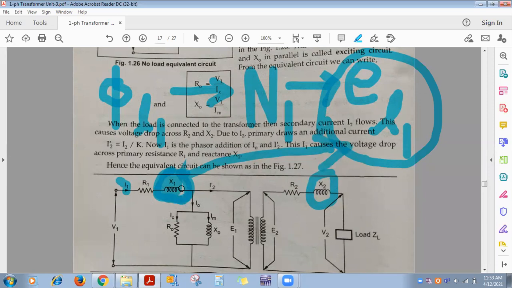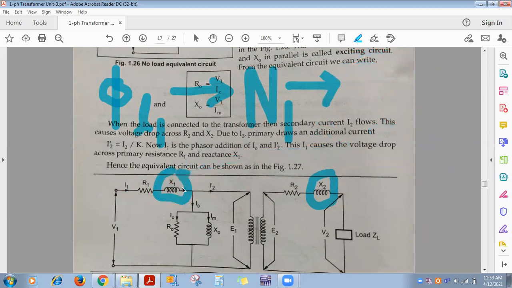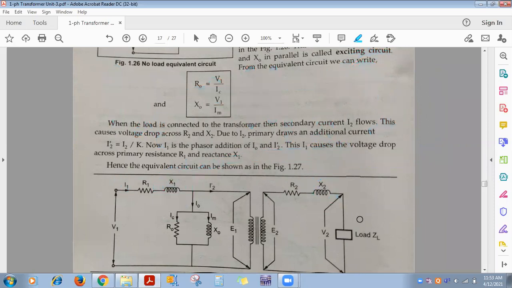Same thing happens on the secondary also. What will happen on the secondary side? Current is flowing through the secondary winding. The moment current starts to flow through the secondary winding, some leakage flux will be there on the secondary side, which I will mark as phi L2. Some flux will complete its path through air. Means the I2 flowing through the secondary winding will produce flux phi 2. Not 100% of flux flows through the core. Some percentage flows through air also.